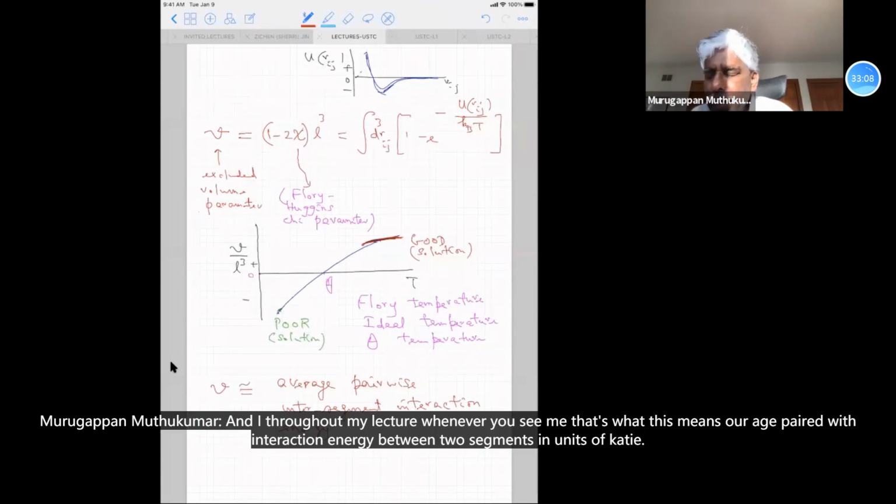Throughout my lecture, whenever you see V, that's what this means: average pairwise interaction energy between two segments in units of kT.